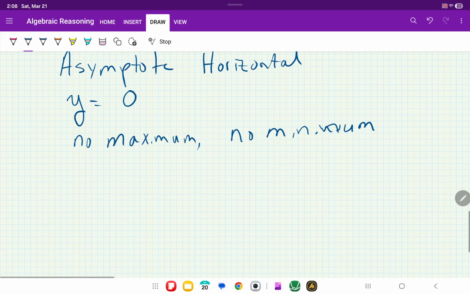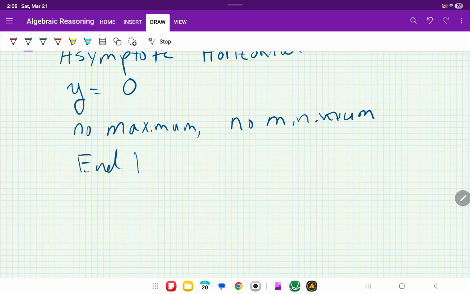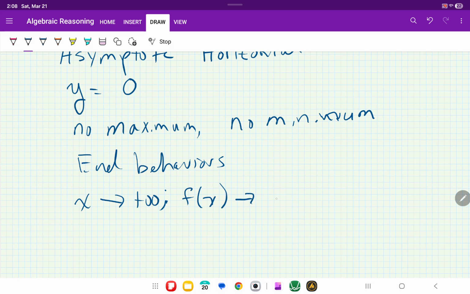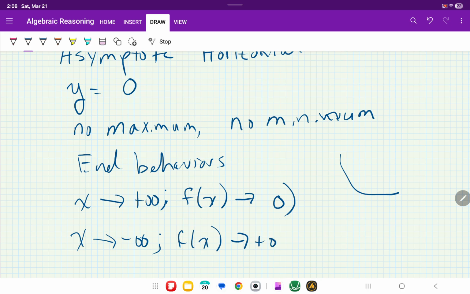Okay, and then in behaviors, as x approaches positive infinity, f of x approaches 0, because remember it is a decay, and as x approaches negative infinity, f of x approaches positive infinity.